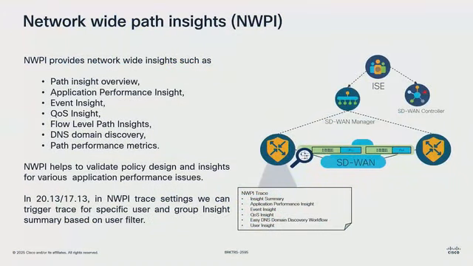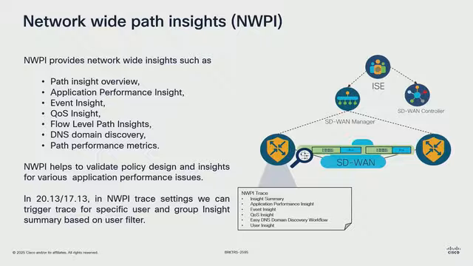So, all we know is NWPI gives you an insight about your path insight, application performance, QoS insight. But with the integration of ICE starting from 17.13, we can get one step closer to the specific user as the trace.